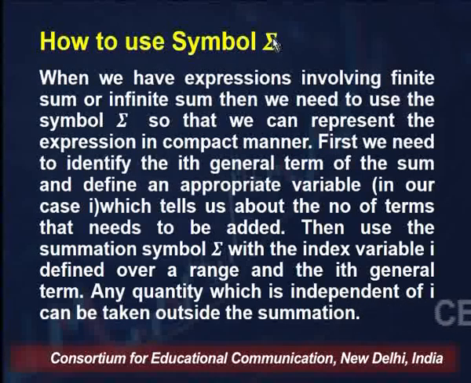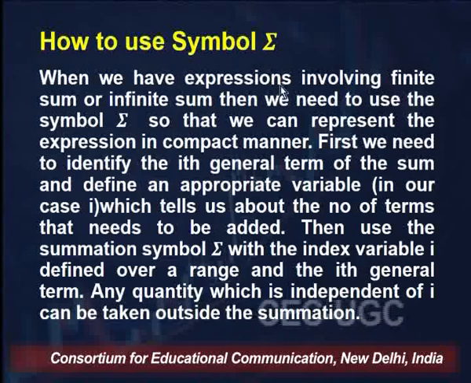First we need to identify two things. One is the ith general term, which will appear after the summation, and then you have one index variable I, which will vary over a range. The range of I symbolically means the range of the summation.